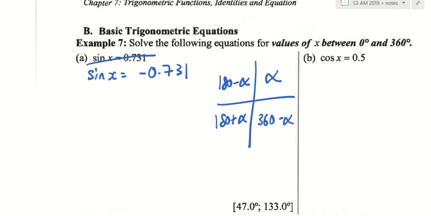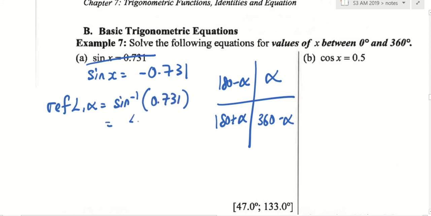The first one is wrong, the second one is correct. Eh, the second one is also wrong. So I do slowly, I write down, reference angle your alpha, sine inverse, ignore the negative, you have 46.97. Sine is negative, very good, can go already. Sine is negative means it is in third and fourth. Wrong. This is second quadrant. You see? Oh, so it's flat. So, correct, can go already.